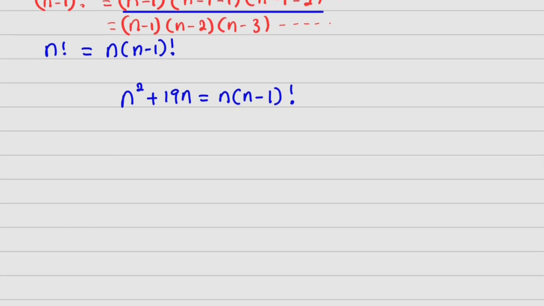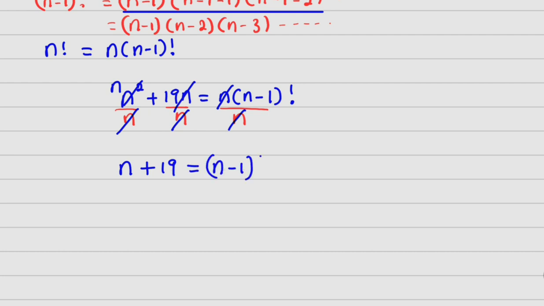If I divide through by n, this is going to be over n, then over n. So this will cancel, and this goes while this goes. So at the end of the day, I'm going to have n plus 19 is equals to n minus 1 factorial.